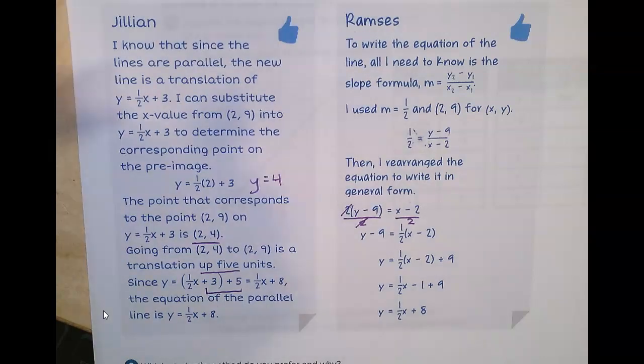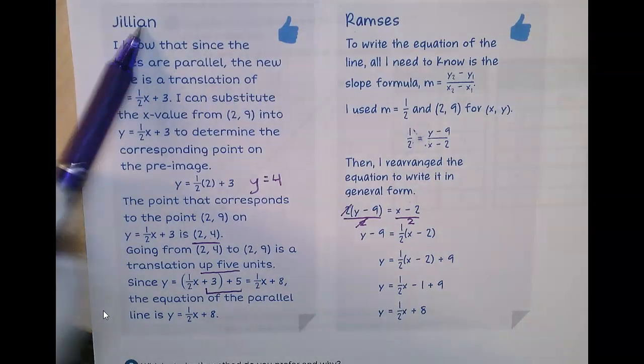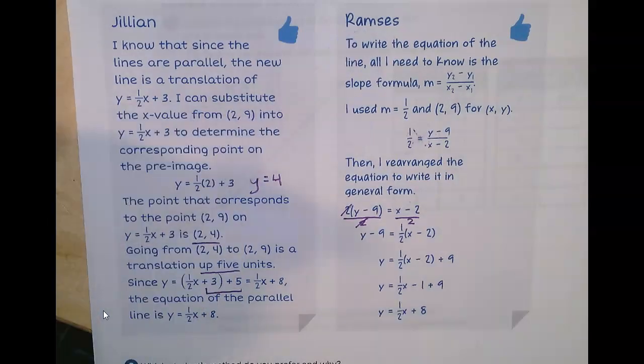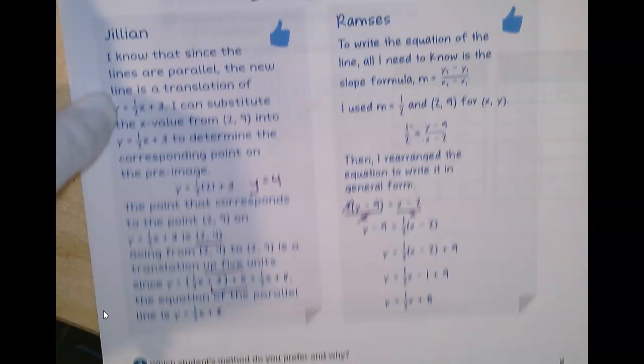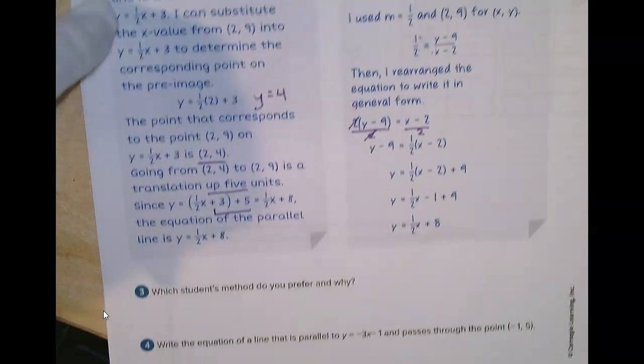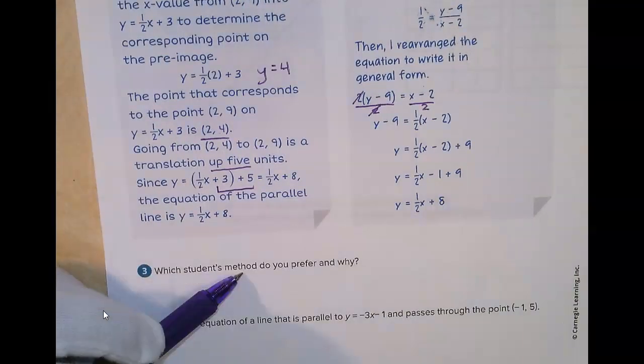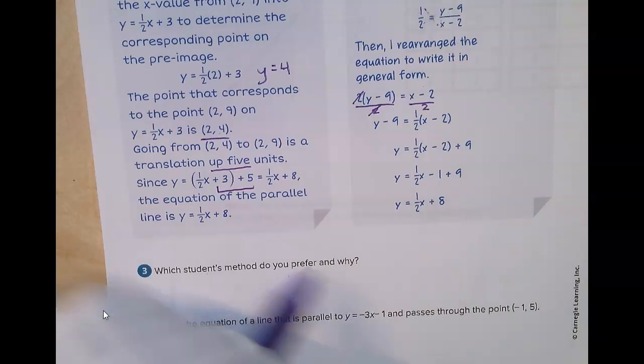But for now, choose between Jillian or Ramses. Explain which way you like best and why. Okay? There's not one right answer. This is completely your preference. So describe which student's method you like best and why.